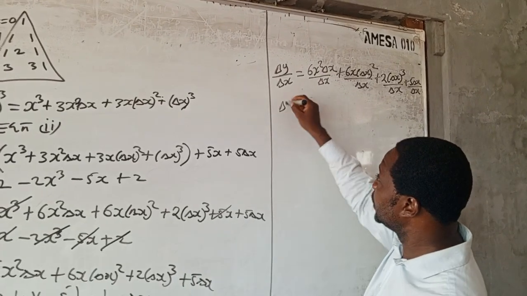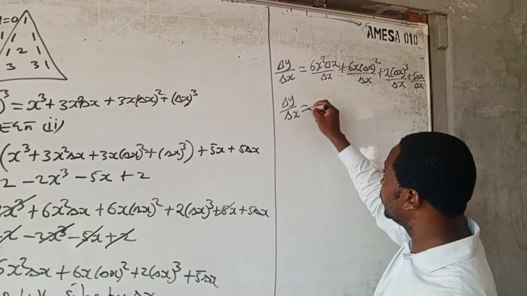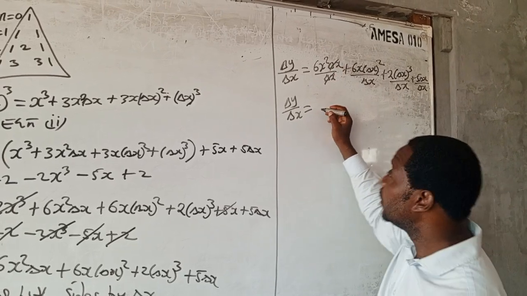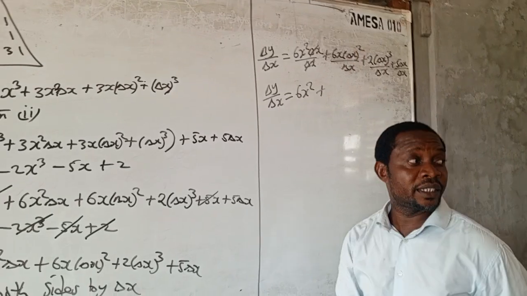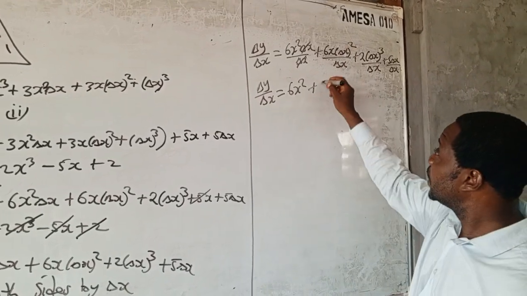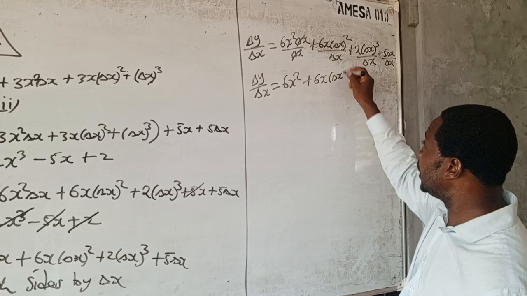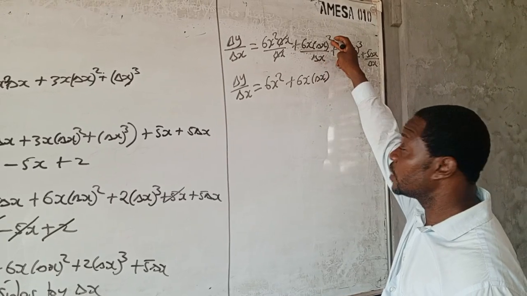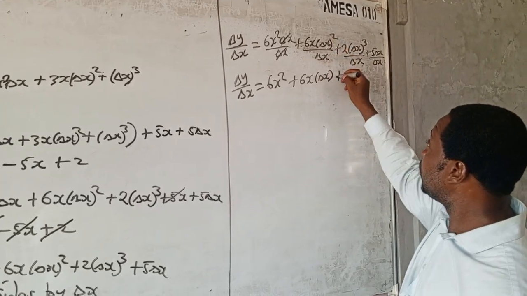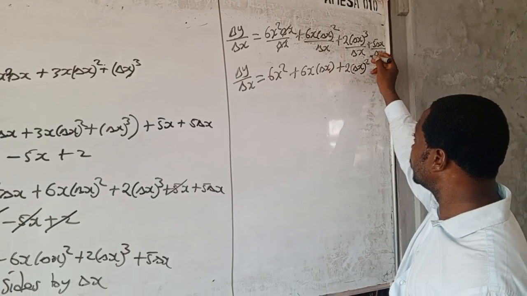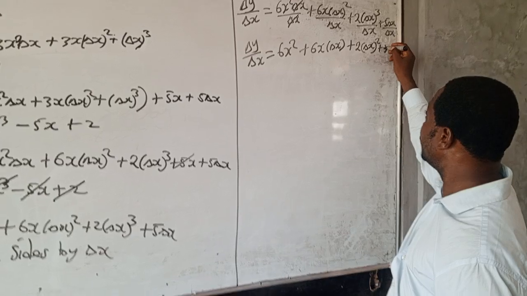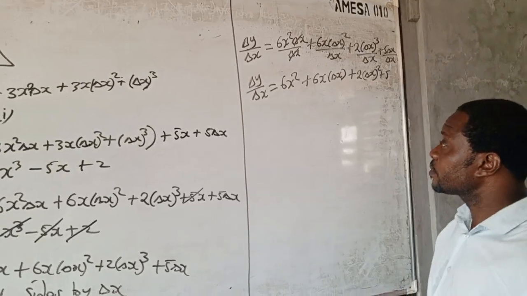So you have that changing y over changing s will give you, this will cancel this. You have 6s squared, plus this will cancel one of these. Then you have 6s changing s, because this one has reduced one of it. Then plus 2 into changing s raised to the power 2, because this will remove 1. Then plus 5, this one will cancel this.